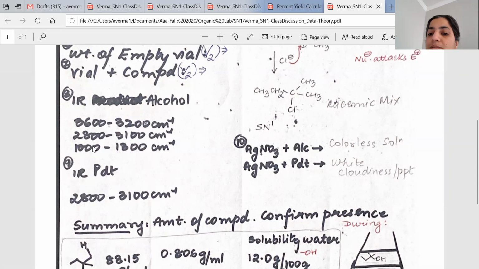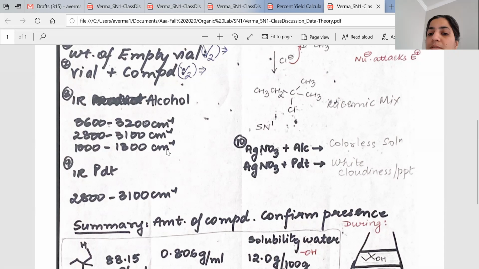So your IR confirms the absence of alcohol and your AgNO3 confirms the presence of an alkyl halide. Please note, some of you may see a 1000 to 1300 peak in your product's IR, and that's fine. But if the OH is missing and you only have the 1000 to 1300 centimeter range, what does that indicate to you?